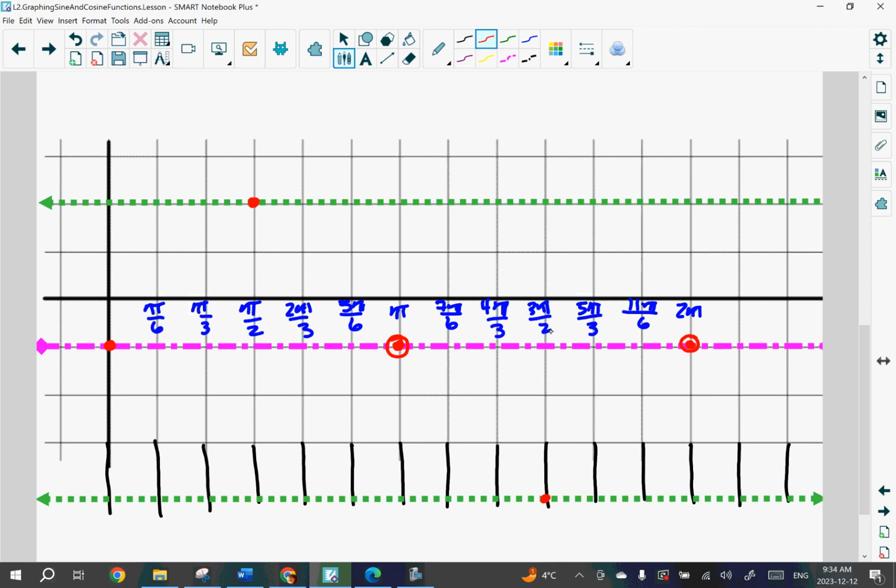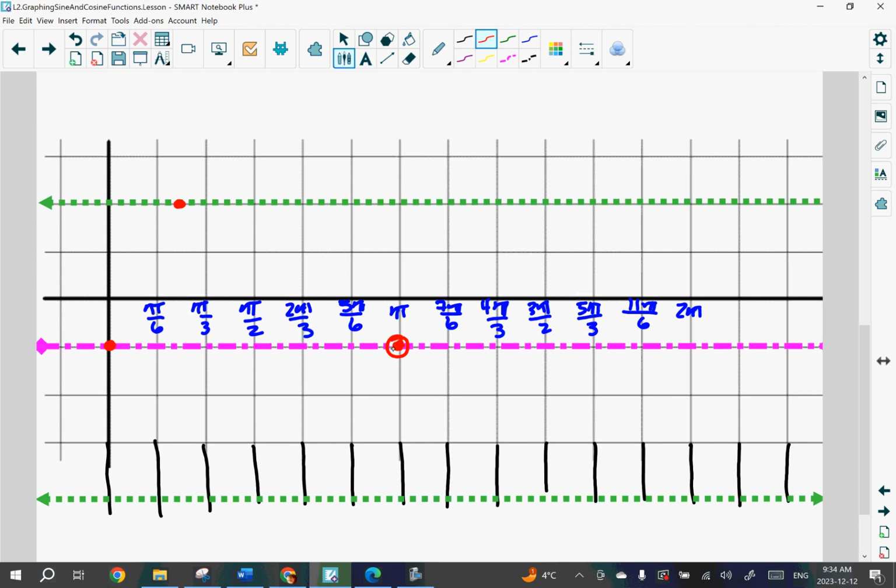Error, it's not working. I can't think that fast. Okay, I'm just going to move this one then. We're just moving them, cutting them in half. That's going to be at 45. Pi over 3 is 60, pi over 6 is 30, so 45 is right in between those two.